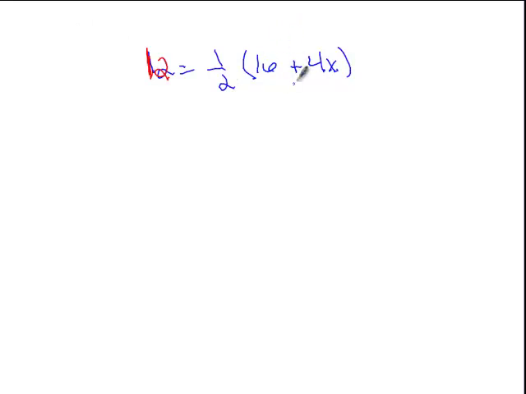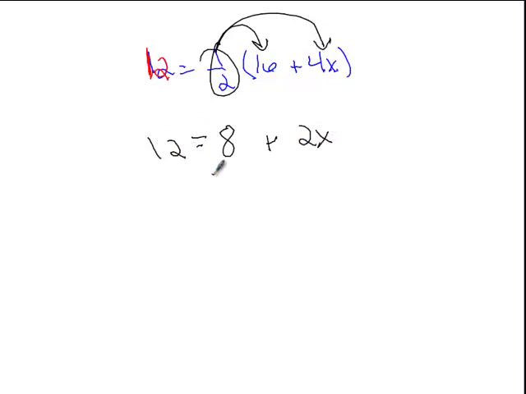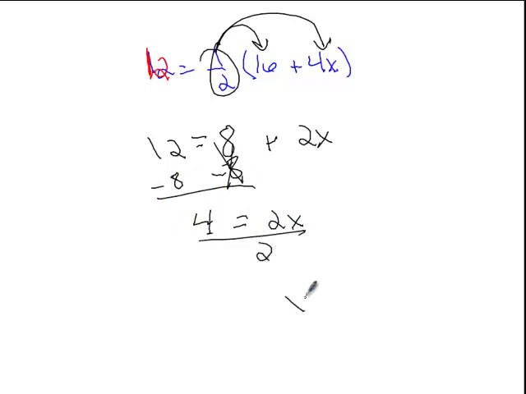You can't add 16 and 4x, but you can do the distributive property. 1/2 times 16 plus 1/2 times 4x equals 12. Subtract 8. Divide by 2. I find that x equals 2.